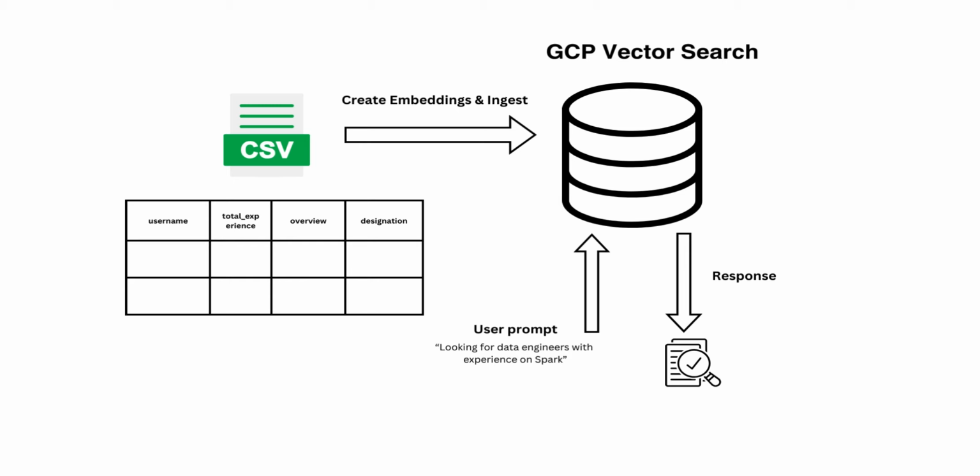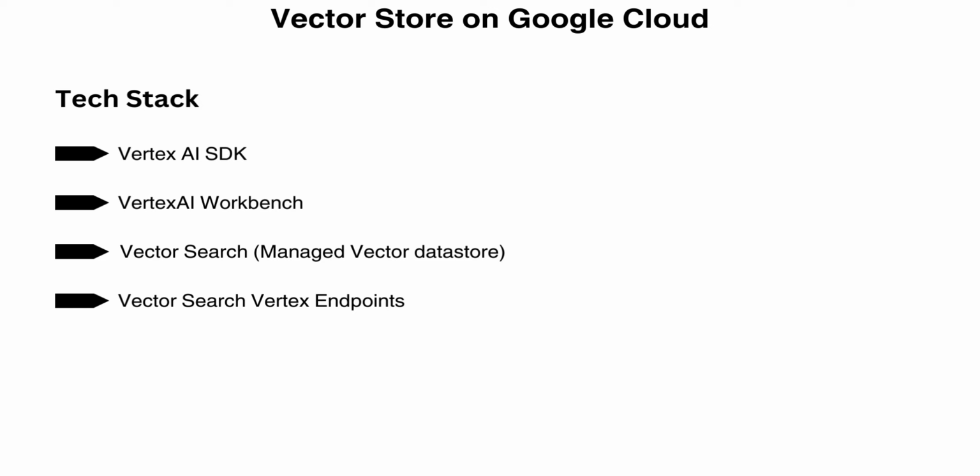So, for example, you can have an input prompt which says, I'm looking for data engineers with experience on Spark. This input will be queried against the vector database, and the results will be the most relevant profiles that match this input prompt.